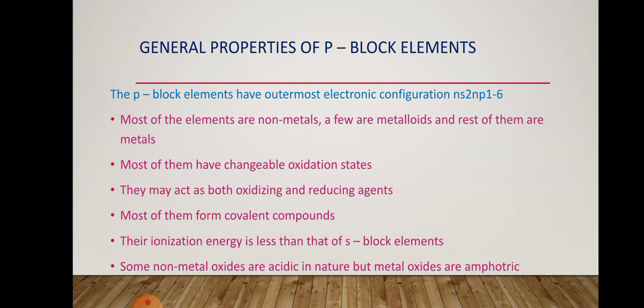Now, we have to know some properties of inert gases. Inert gases are chemically unreactive. Their valency is zero, they are monoatomic, and their position is just near the most highly reactive halogens.